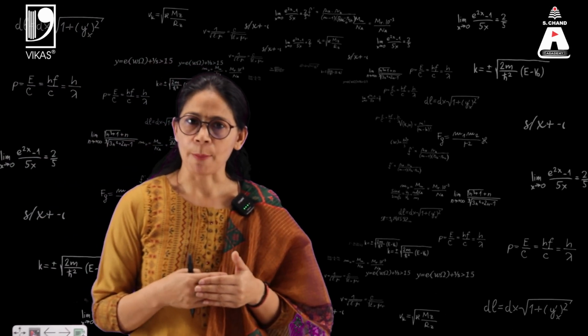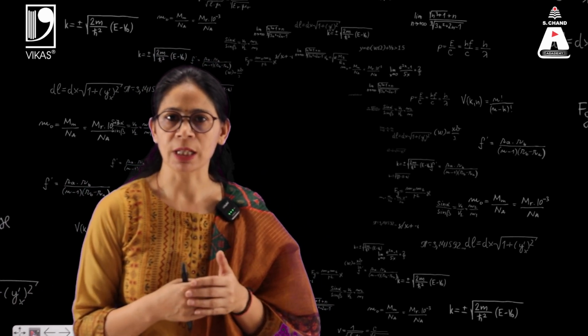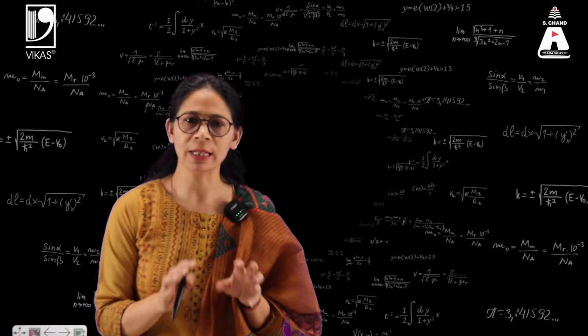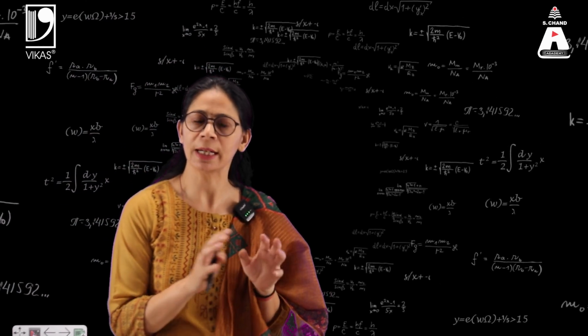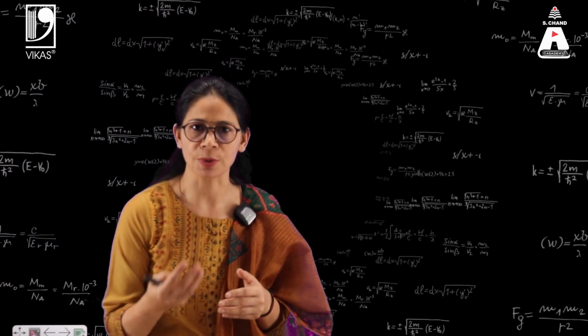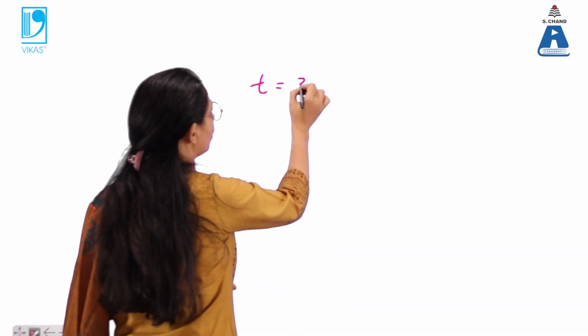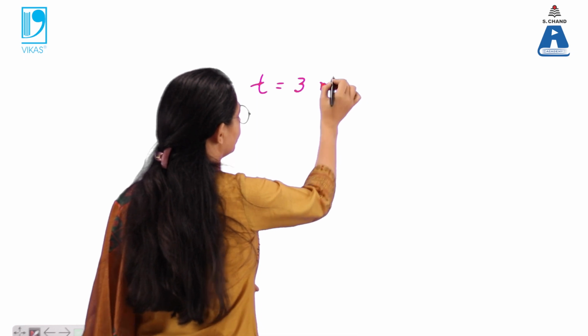In the similar example, if some condition is given in respect of time, that is the initial time, it is not necessary, like boundary condition, that time should start from 0. Suppose in some case we would like to start from time equal to 3 minutes.